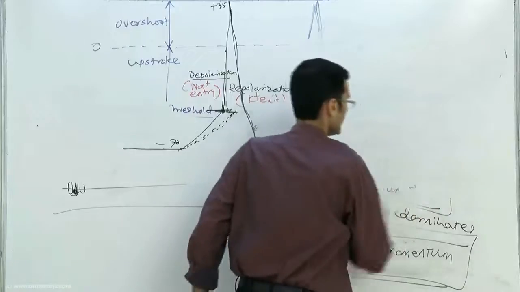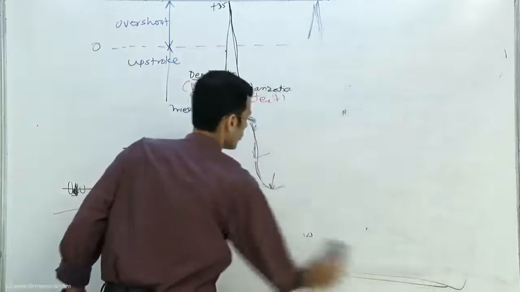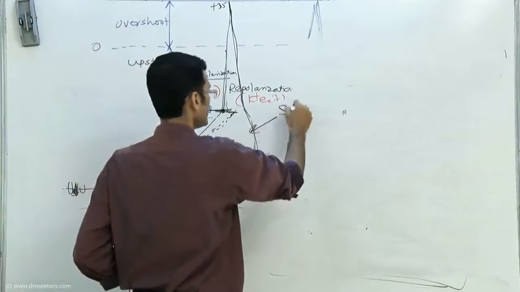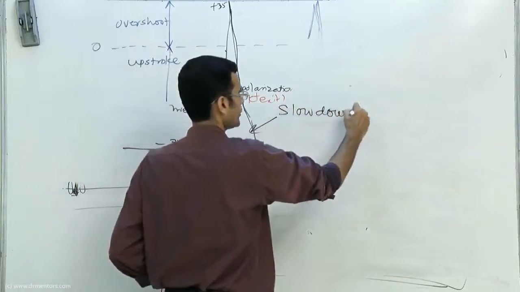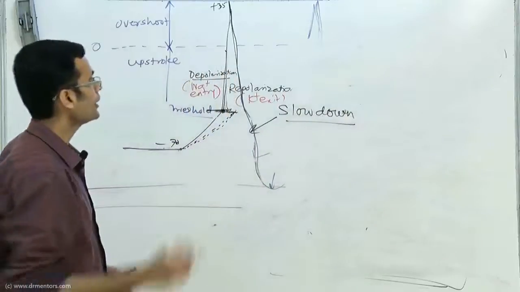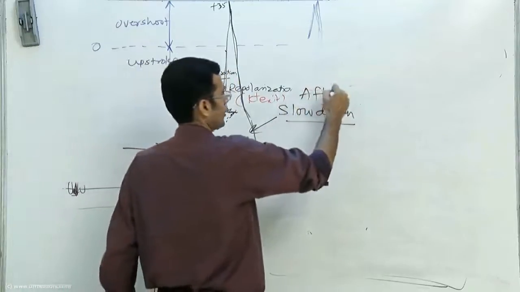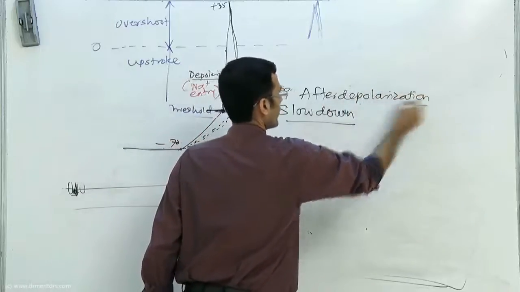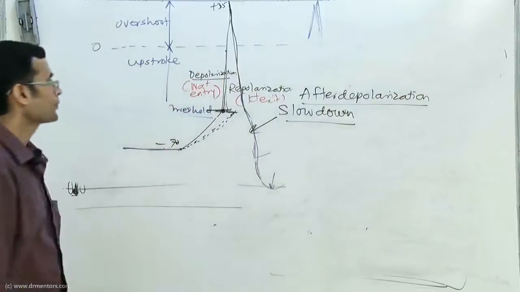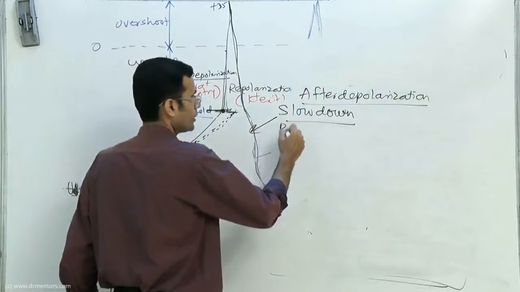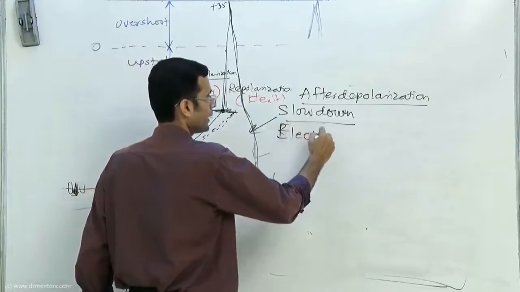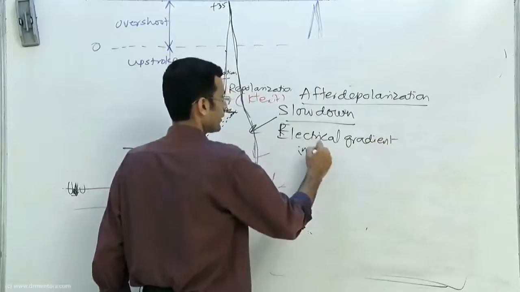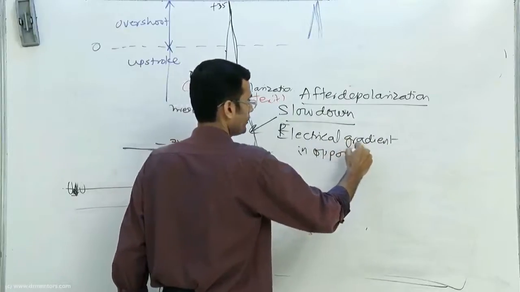Another point in this is, during repolarization we have seen two more phases. One is this slowdown of repolarization, which is called afterdepolarization. As I said, it's a misnomer. It's a repolarization. Then why would you call it afterdepolarization? It's because of the electrical gradient in the opposite direction.